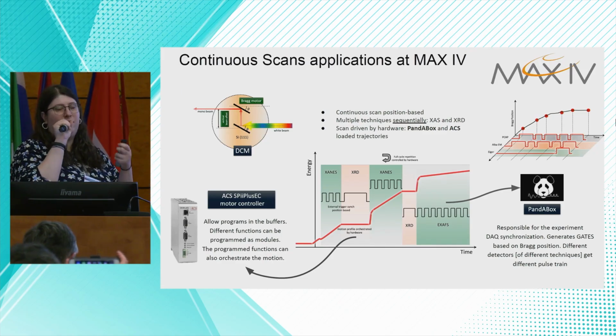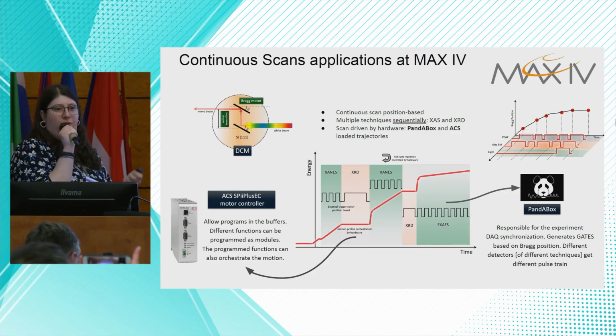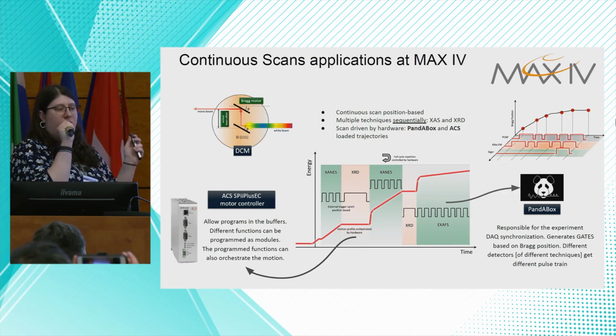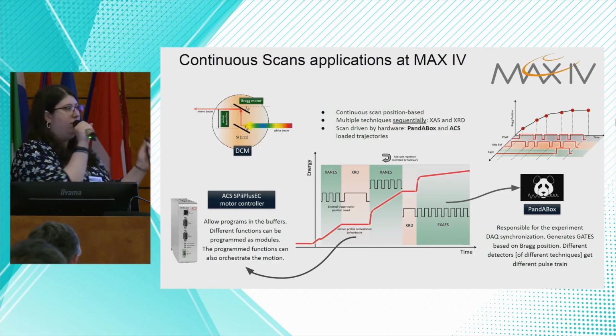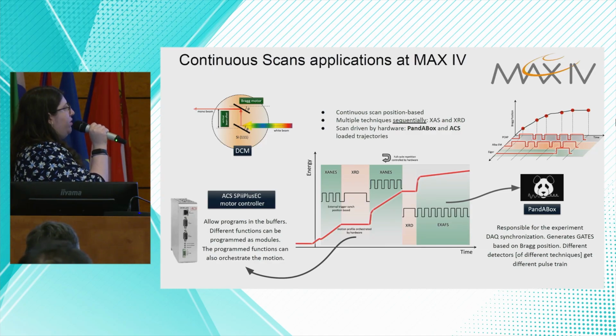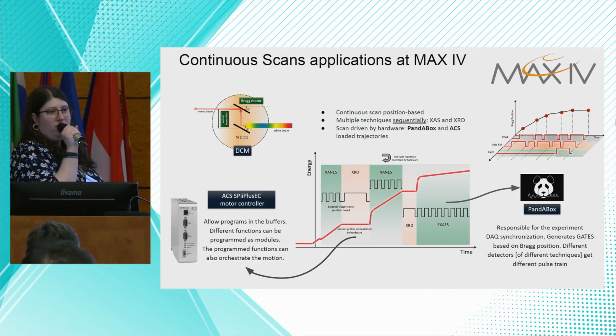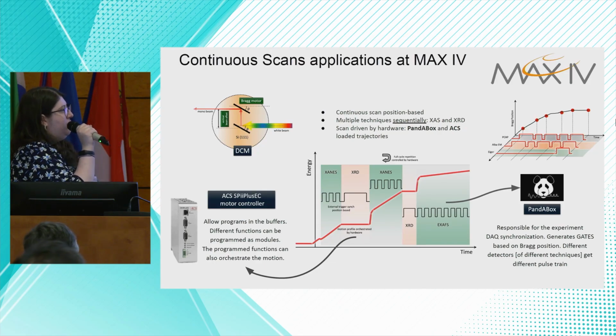ACS provides the possibility of configuring its buffer with the functions for the trajectory and the whole orchestration. So we don't even need an abstraction layer in Sardana for this case. We fill all the trajectory inside ACS, and then we use PandaBox to generate triggers based on positions. And in this case, we are actually generating gates.